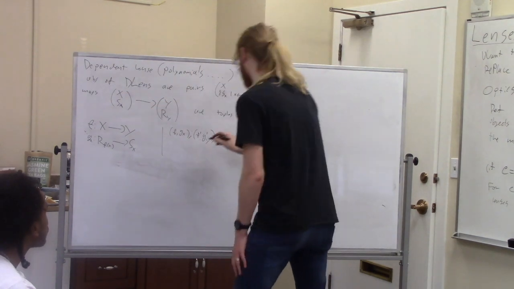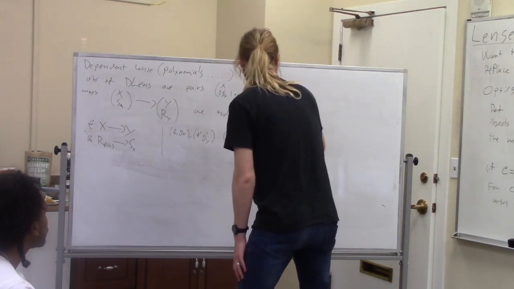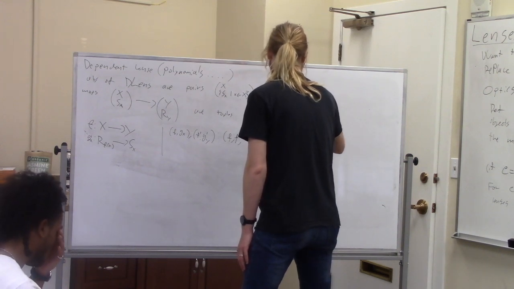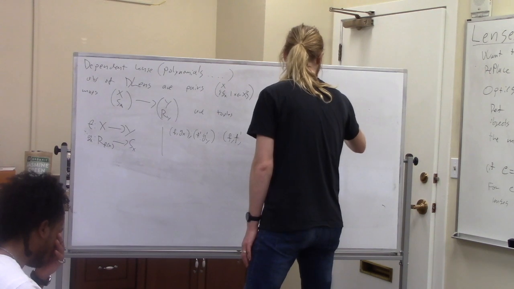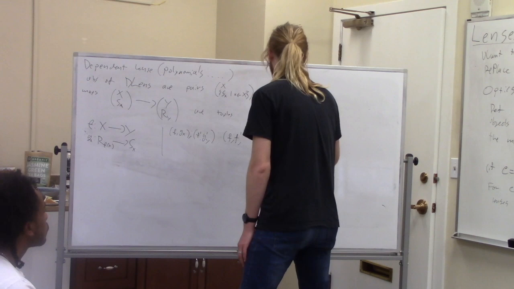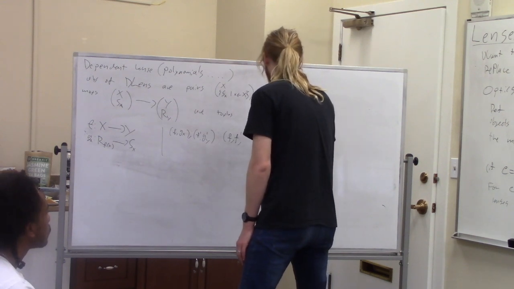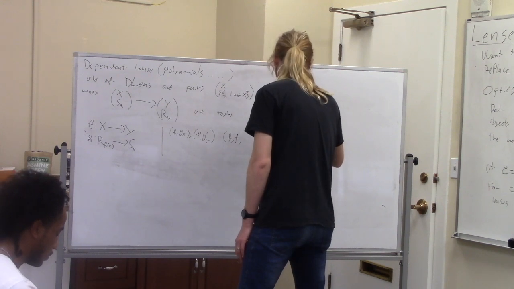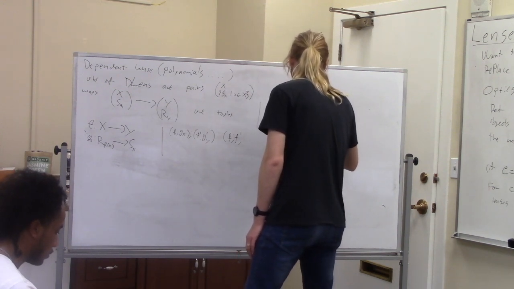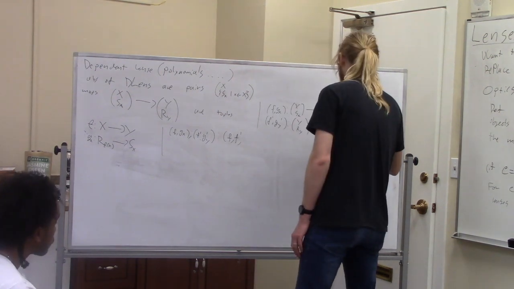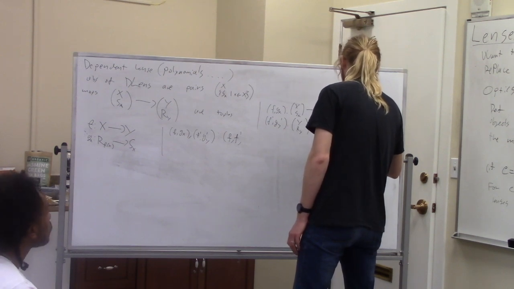Let me say that if gx goes from Rx to Sx, and f prime, g prime goes from Q to R.